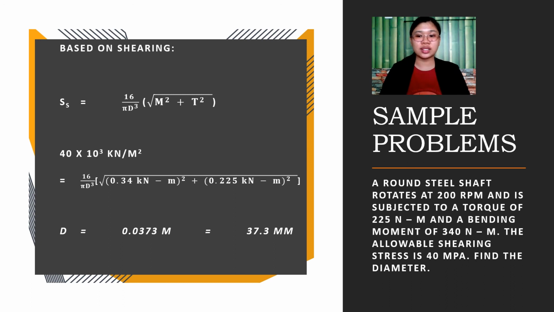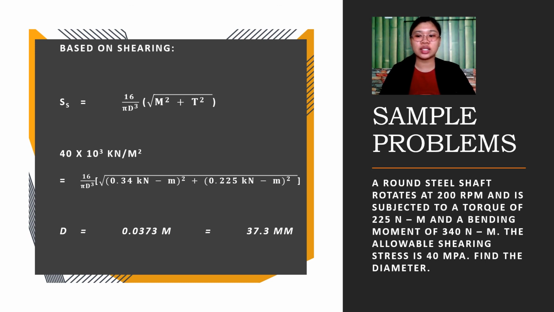That means the 40 MPa is equal to 40,000 kilopascal, which is equal to 16 over pi d cubed, wherein our 340 Newton meter moment is substituted as 0.340 kilonewton meter, and 225 Newton meter is substituted as 0.225 kilonewton meter.